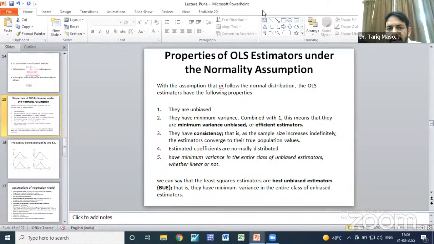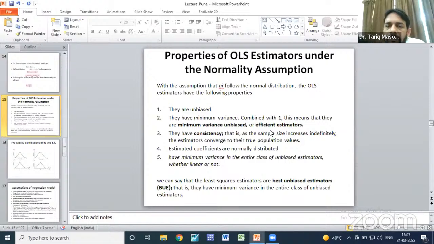When is an estimate known as an unbiased estimate? Okay, there are some responses, but I think they are not satisfactory in a sense.